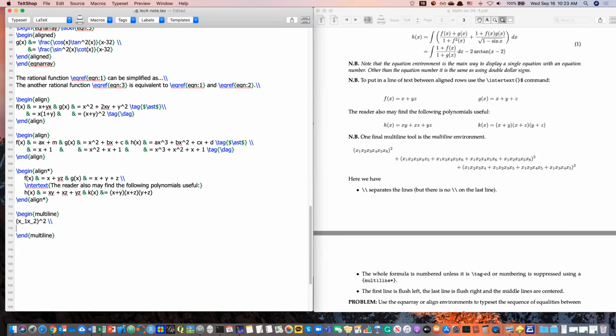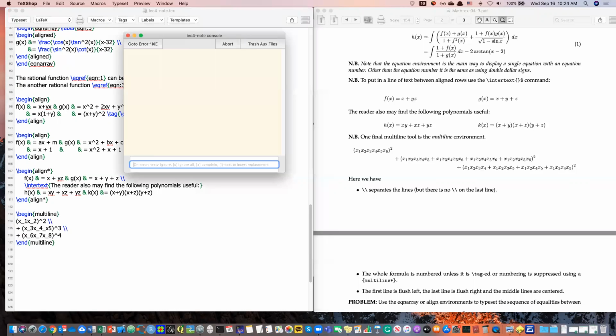There is only one option: move to the next line, double backslash. Now x3, x4, x5, and then plus right here. Then move to the next line and then plus x6, x7, x8. That's it.